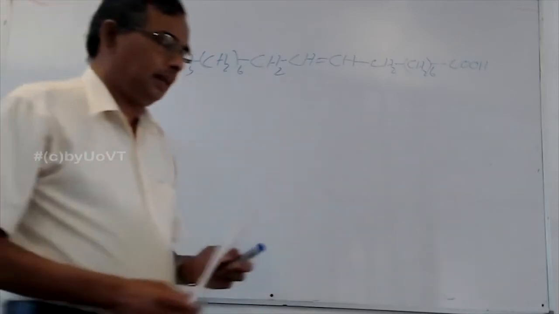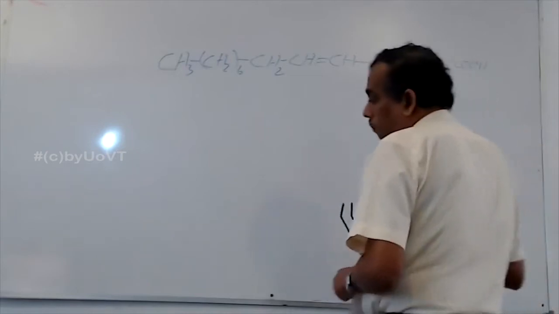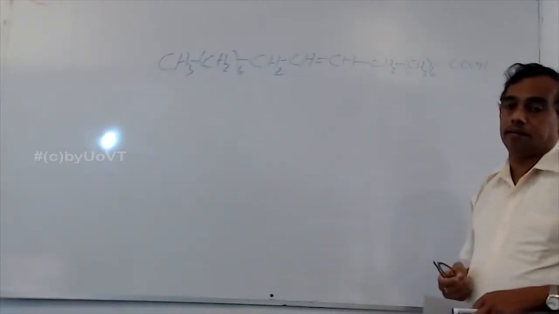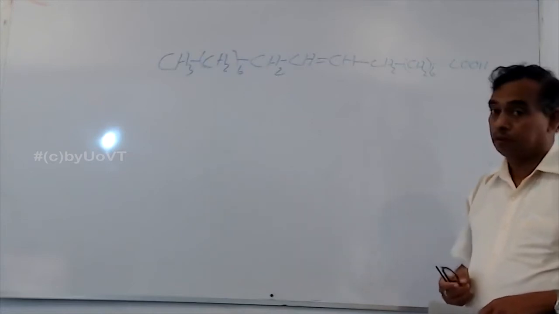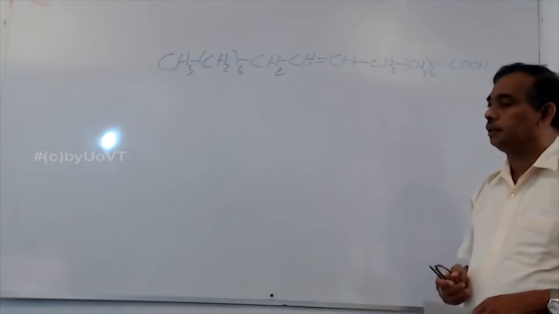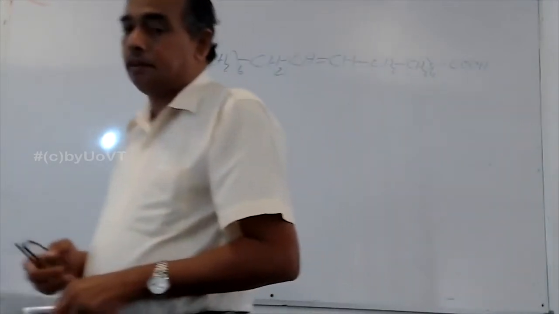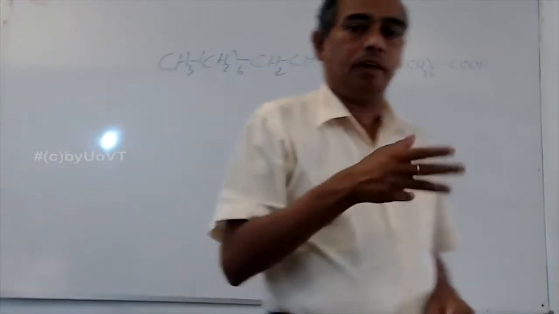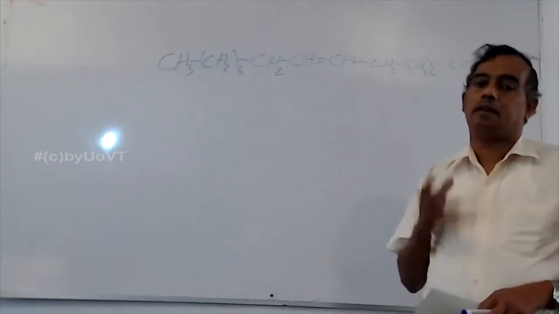Before we discuss the example, we should know there are certain important things regarding auto-oxidation. In auto-oxidation, as I explained, the initial starting point is the double bond, with formation of a free radical.